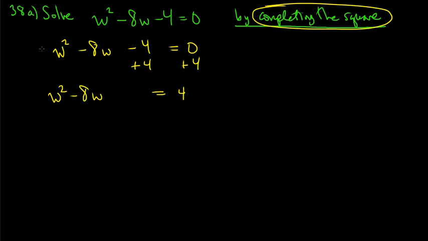However, when you're completing the square, that's okay. So now I take the number negative 8, that's the one in front of the w here, right? And I do two things. I divide by 2 and I square it. So negative 8 divided by 2 is negative 4, and negative 4 squared is 16. So what am I going to do with the 16? Add that to both sides.